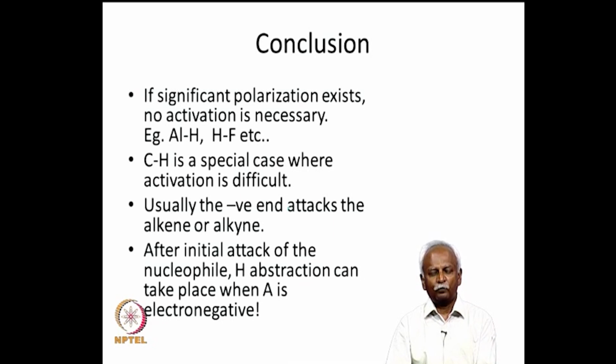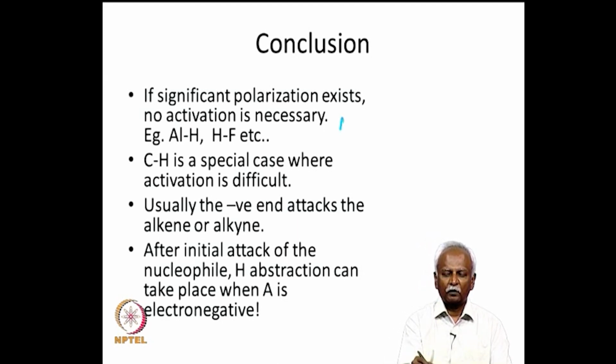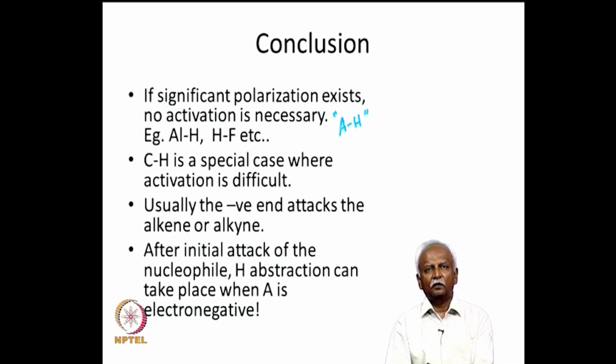But if you have a non-polar or less polar molecule, where the polarization between hydrogen and the molecule A is significantly less, then you need a catalyst, and the catalyst is usually a molecule that can do oxidative addition of the species. Oxidative addition followed by a migratory insertion and a reductive elimination makes up the catalytic cycle.